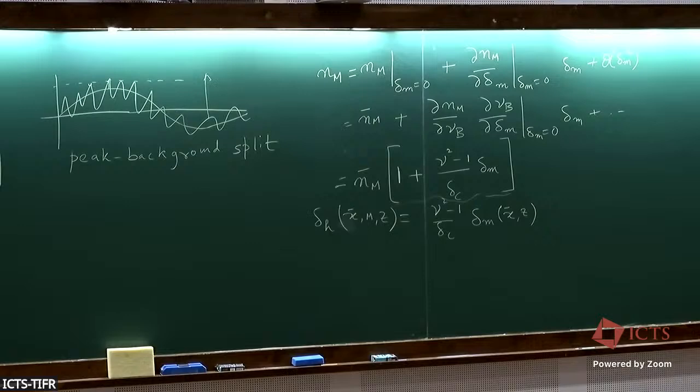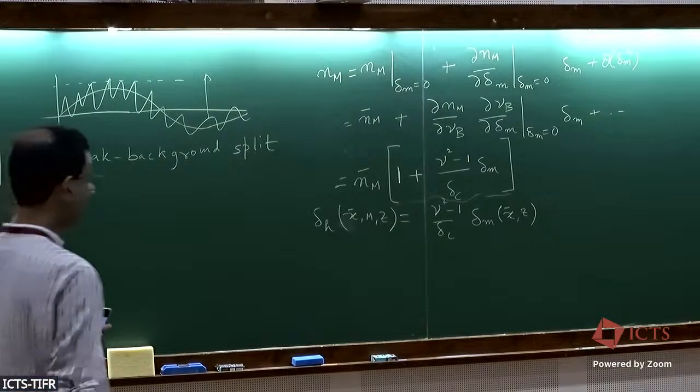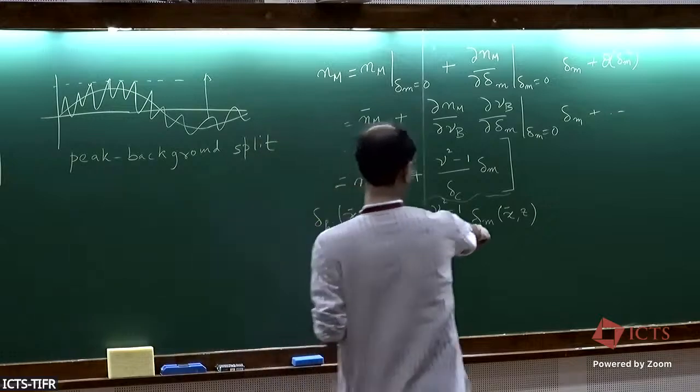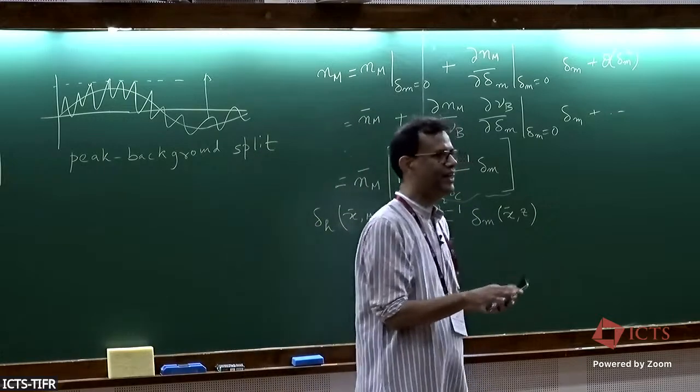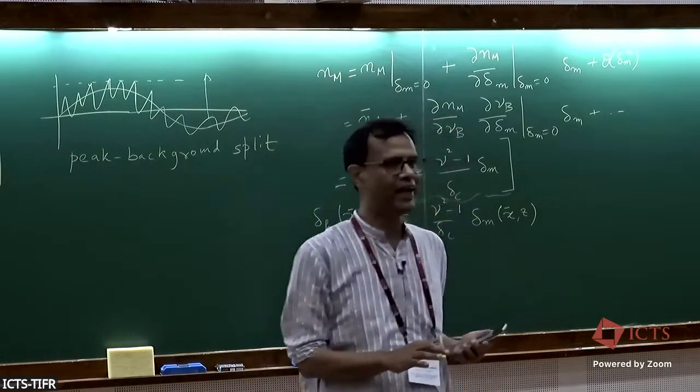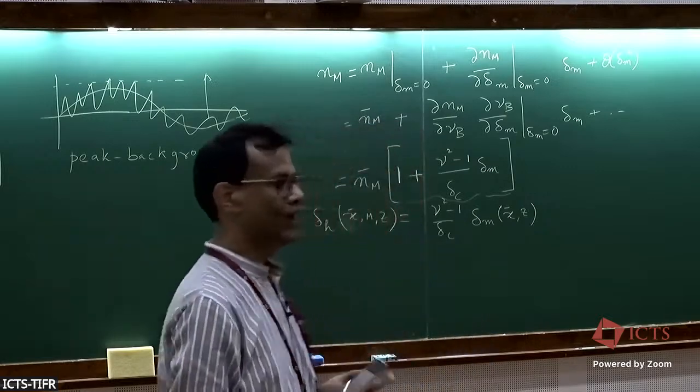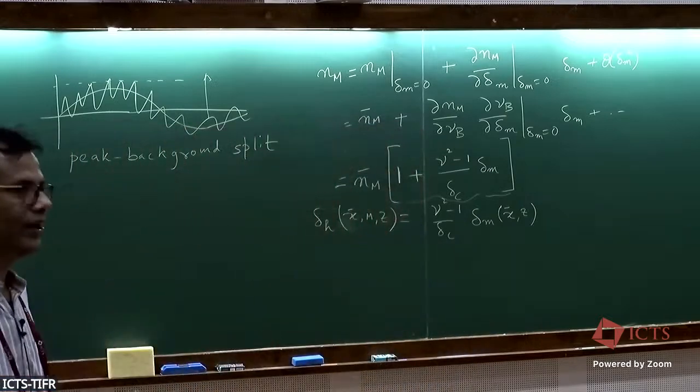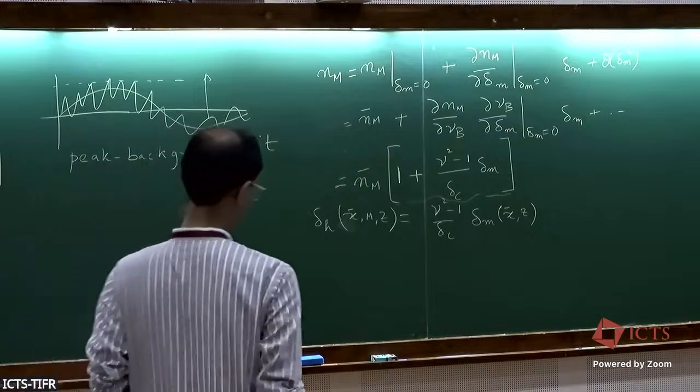So now you see the delta halo qualitatively follows delta m, in the sense where delta m is higher, delta halo will be higher, but it is not equal. The fluctuations are not equal. In fact, they are amplified.